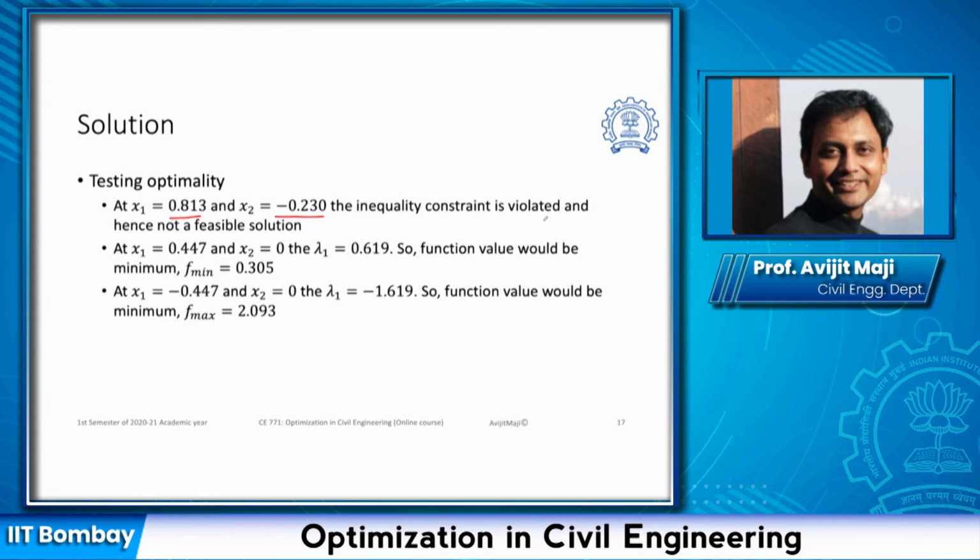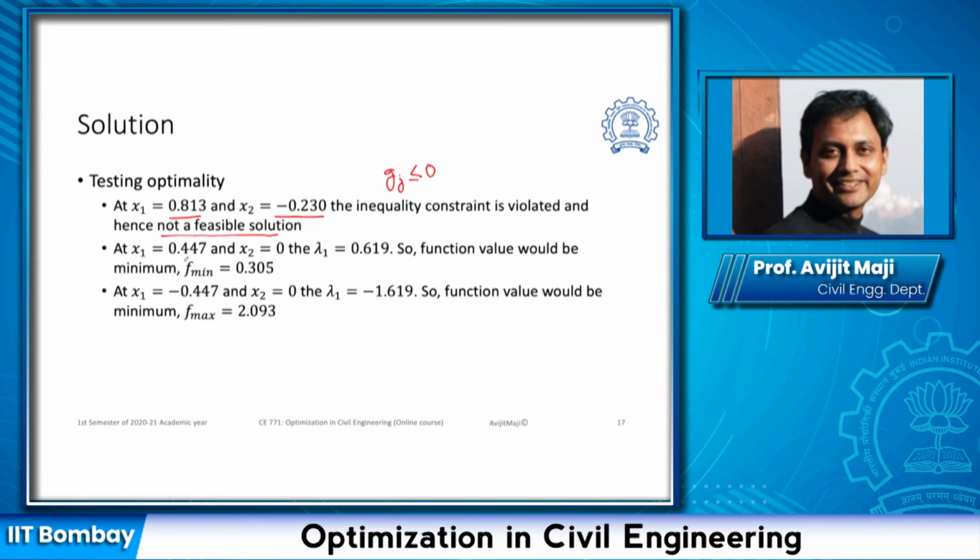So we can conclude that this is not a feasible solution. The inequality constraint, which was Gj less than or equal to 0, was being violated, and hence this is what is happening.